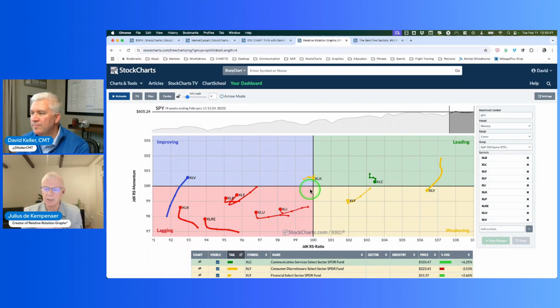And we know from years of experience that a sector like XLY, which is now the highest rating on the odds ratio scale, is a very good candidate for a rotation that completes on the right-hand side. What I mean by that is that in a very strong relative trend, a sector moves from leading into weakening and then curls back up and moves into leading without hitting the lagging quadrant.